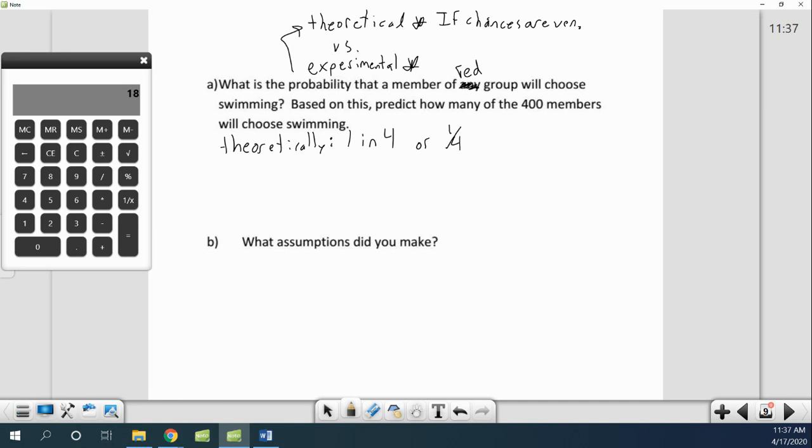Now, we know that a lot of times people have preferences. If there might be preference involved, or chance, or something random that could throw it off, what you do instead of just looking at, well, let's say it's even, is you do an experiment.